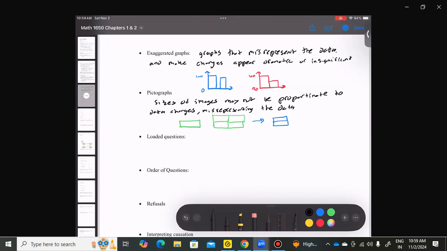Some other things, some stuff with surveys, loaded questions. The purpose is to influence the respondent's answer, leading to a biased result.